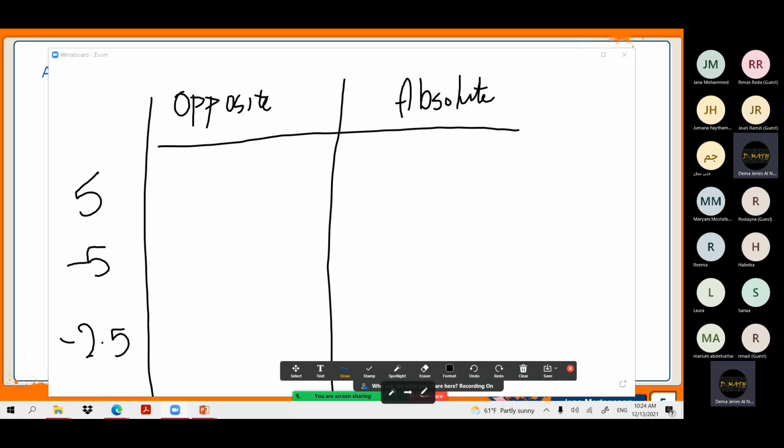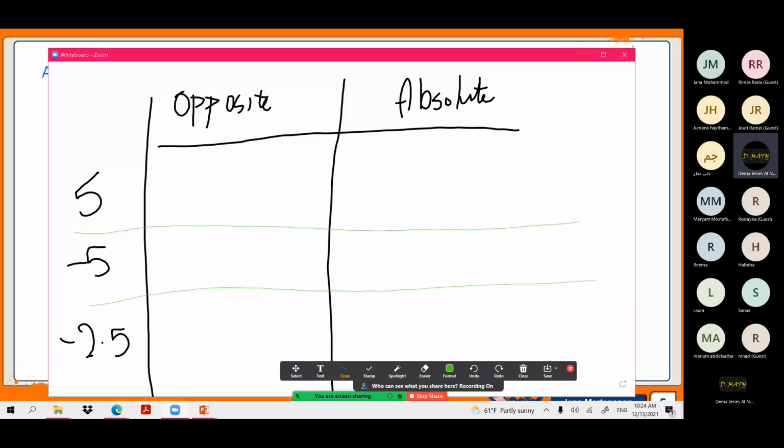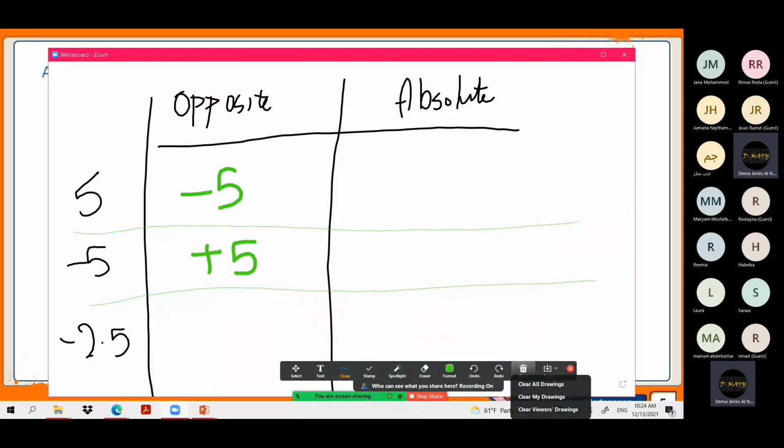Now, let's see the answers here. The opposite of 5 is -5. And the opposite of -5 is what? +5. And what is the opposite of -2.5? +2.5. So this is the meaning of the opposite. I just change the sign.